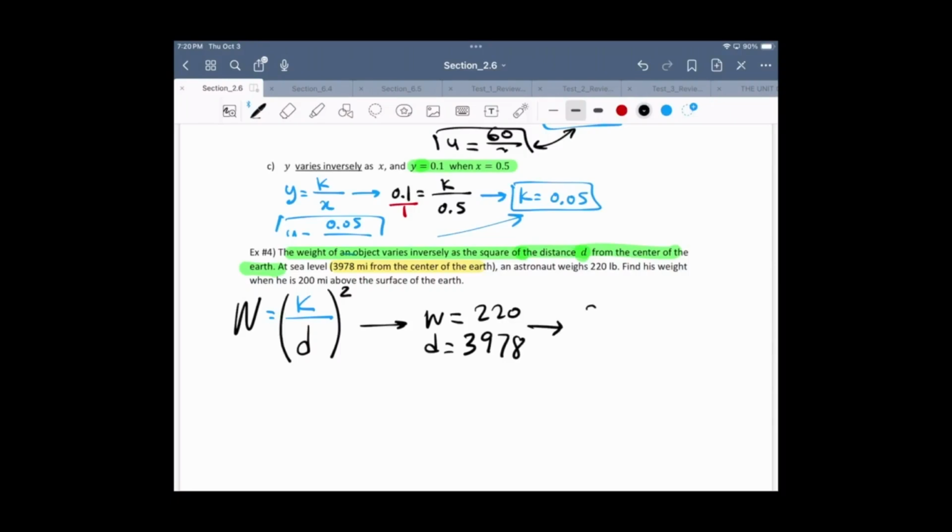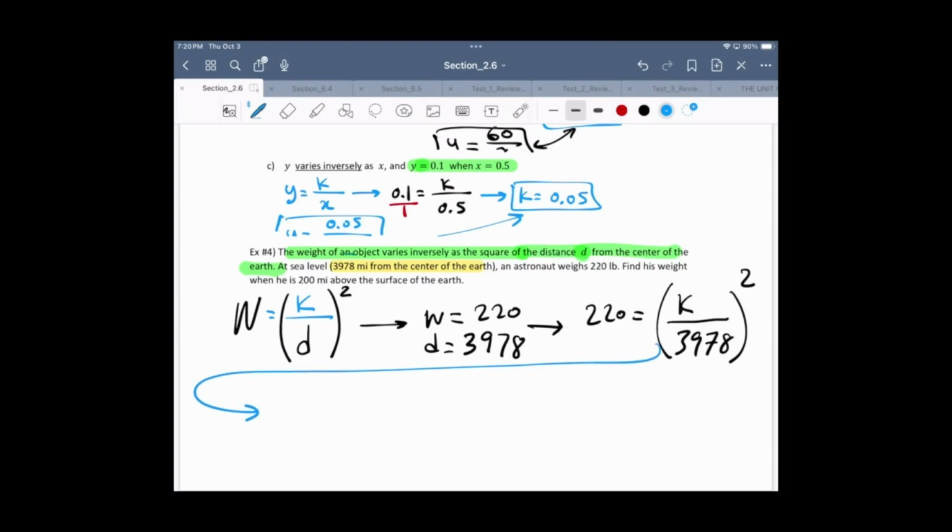So we have 220 equals k divided by 3,978, all of that squared. Now, to solve for k, let me bring that here. Then we have 220 equals k squared, right?